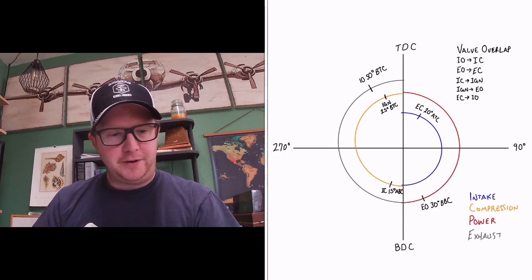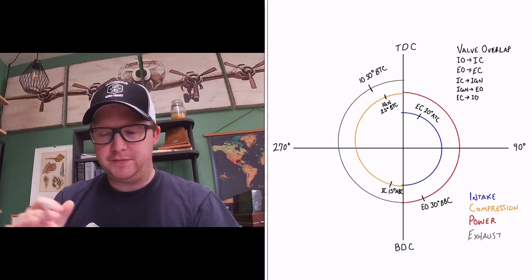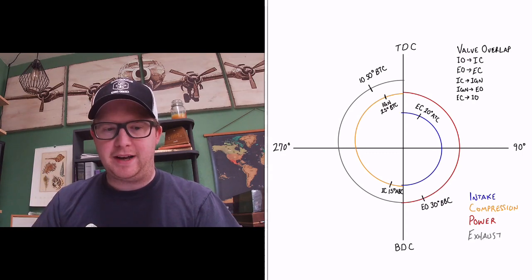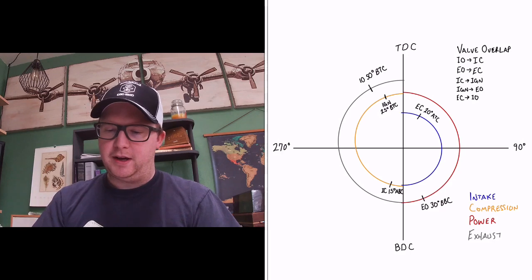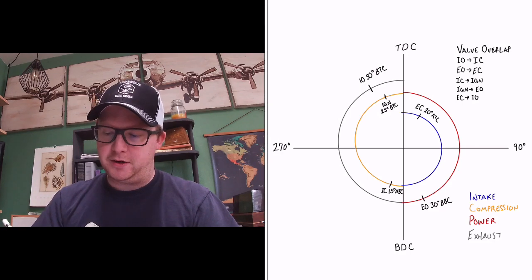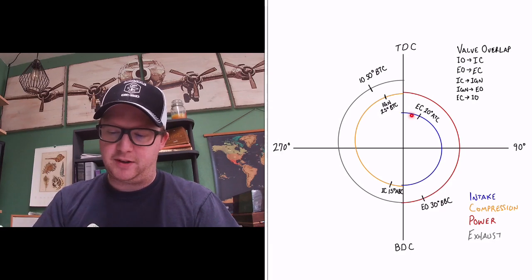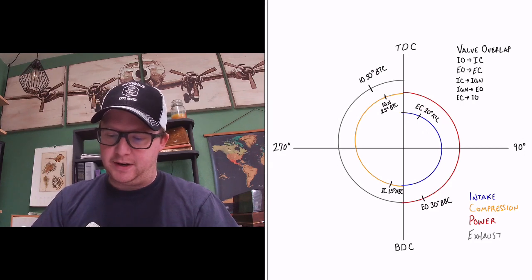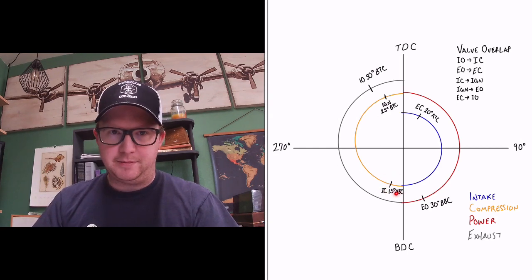So I've listed a few different events on this combustion wheel so we can determine the distance between. And it just takes a little bit of light math to be able to accomplish this. So starting off with our intake stroke in blue, we have the exhaust valve closing at 20 degrees after top center. We have the compression stroke next, where our intake valve is closing 15 degrees after bottom center.